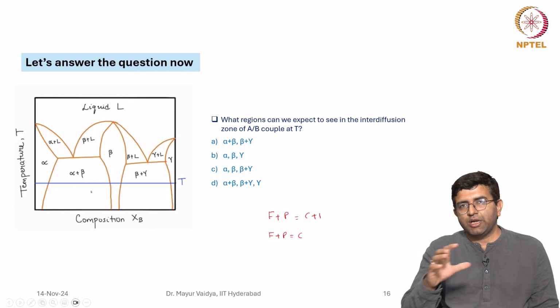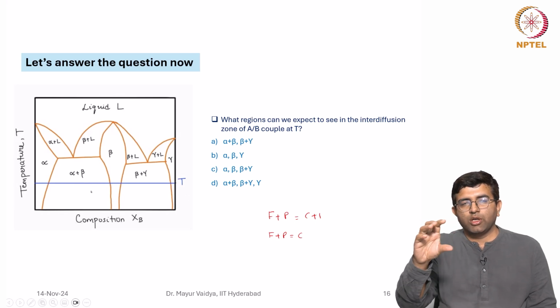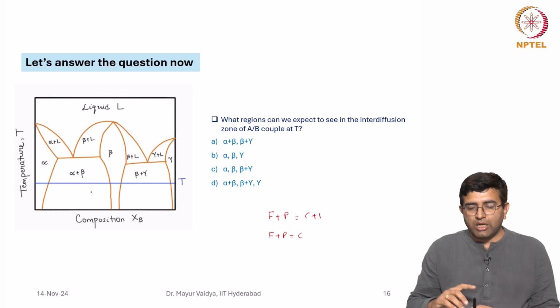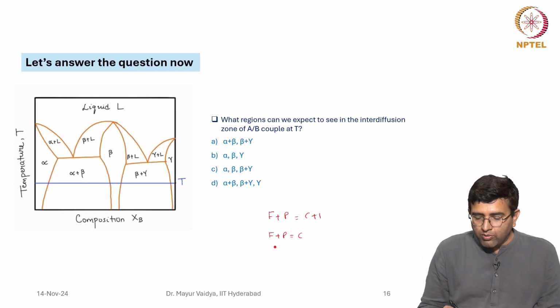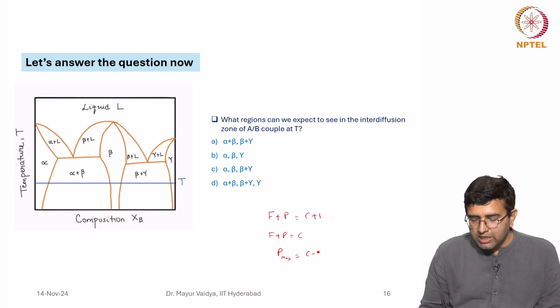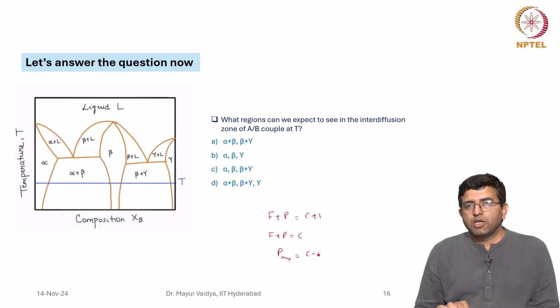We already saw that in the interdiffusion zone the composition is varying. Therefore 1 degree of freedom is utilized already. So the maximum number of phases that can grow is C minus 1. The maximum phases that can be in equilibrium in the interdiffusion zone is equal to C minus 1.